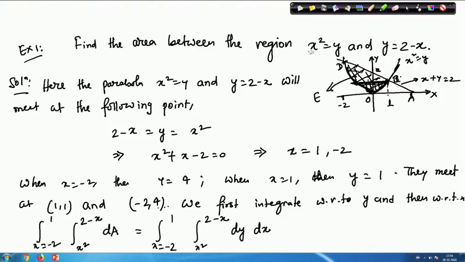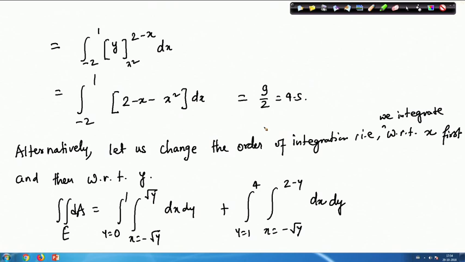Now we see that sometimes we come across integrals which are really difficult to evaluate, and then just using this tool, that is changing the order of integration, we might end up getting an easier integral to evaluate. For example, in this case we had to evaluate the area bounded between these two curves. If we are integrating with respect to y first and then with respect to x, we are calculating a very simple integral, and that's the answer.